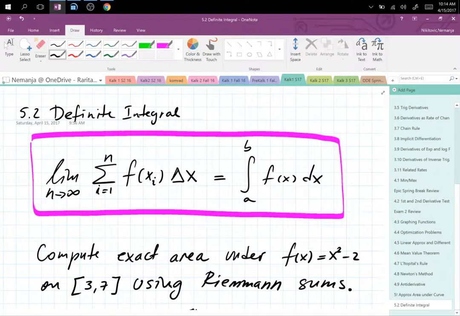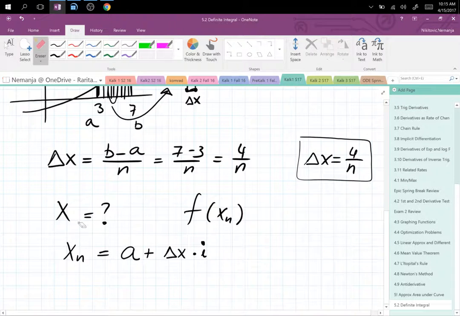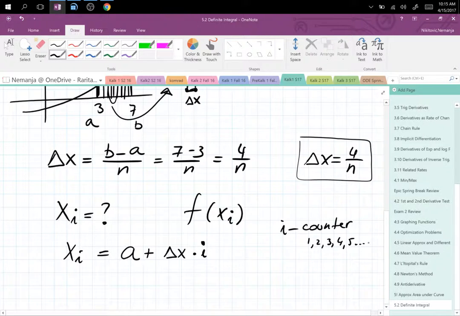That's your counter. So we are actually working on the x_i. There we go. Much better. So i is a counter, which is 1, 2, 3, 4, 5, and going on forever.